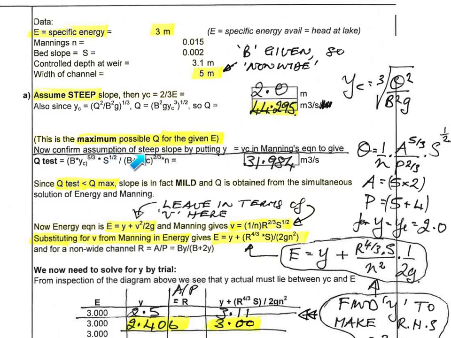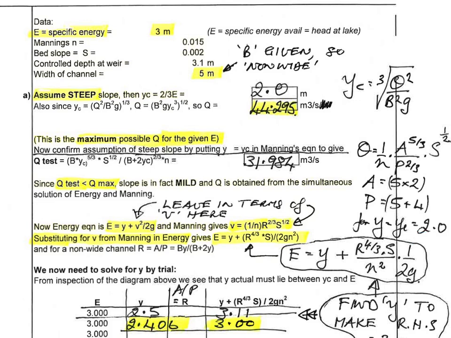So let's just see if the flow is actually the maximum possible, or is it something less than that. We'll put y equals yc in Manning's equation to get a test flow. Now Manning's equation for a non-wide channel is big Q equals 1 upon n A to the 5/3 over P to the 2/3 S to the half. A is b times y, P is b plus 2y, and the test y we're going to use is yc, which is 2.